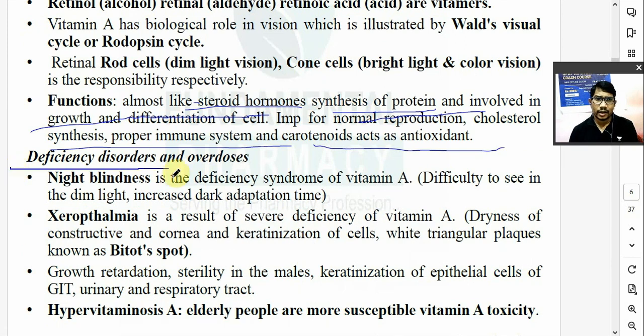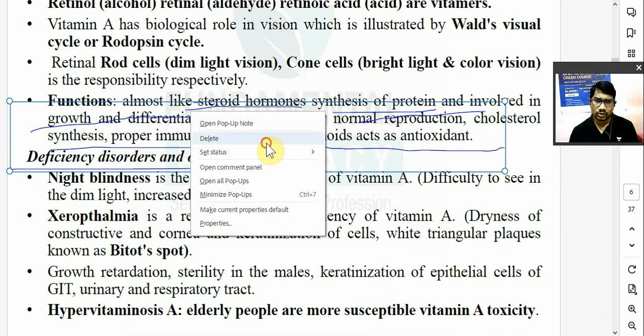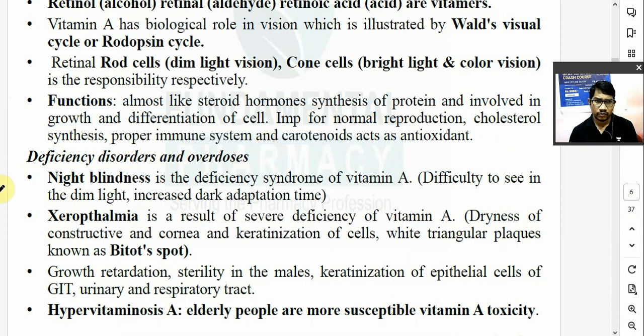Lipid soluble vitamins are stored in the body, and because of that, toxicity can occur, hypervitaminosis can occur, right. So just remember, and water soluble vitamins are soluble in water and their storage form is not there in the body. So B complex vitamins do not have a storage form in the body.